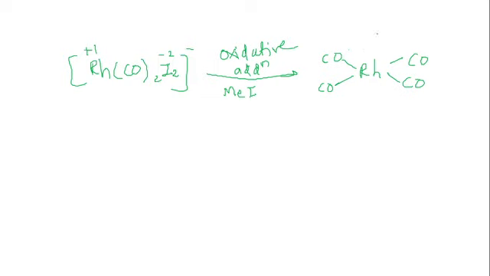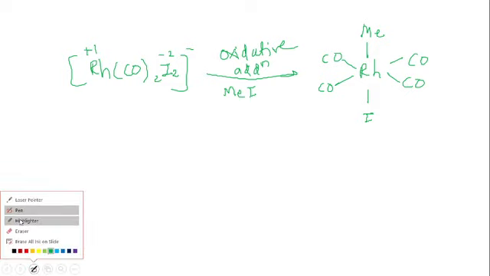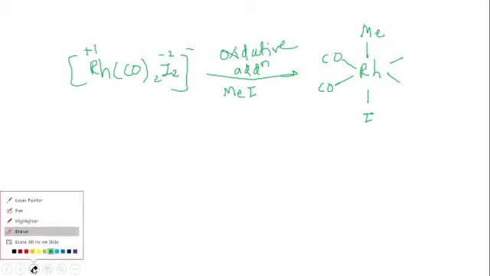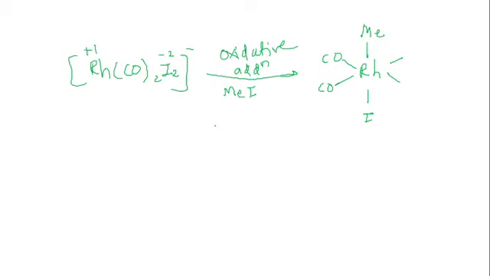Sorry, it's my mistake here. There are 2 carbonyls and 2 iodines. Here this is the iodine, and here another iodine, and this complex has a -1 charge.